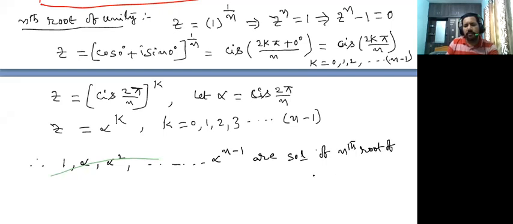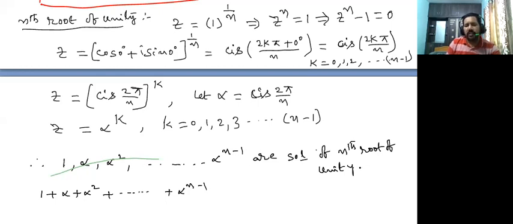Nth root of unity. Here observe the sum of nth roots of unity: 1 plus alpha plus alpha square plus and so on, alpha power n minus 1. These are in GP series. We know that 1, alpha, alpha square, and so on, alpha power n minus 1 are in GP series.